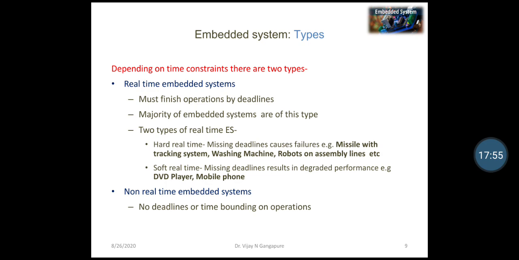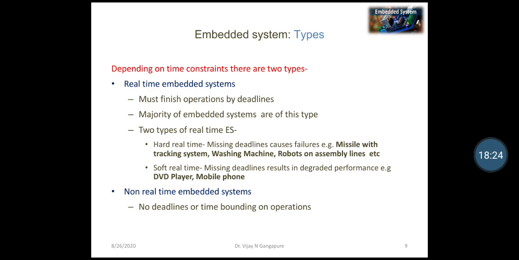The second type of real-time embedded system is the soft real-time embedded system, and in such soft real-time embedded systems, missing deadlines results in degraded performance, not failure. See the difference between hard real-time and soft real-time. In case of hard real-time, missing deadlines causes failures, but in case of soft real-time embedded systems, missing deadlines results in degraded performance.